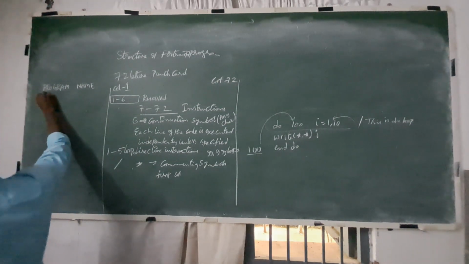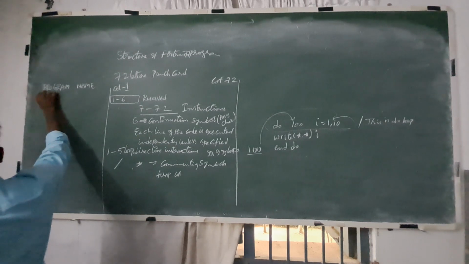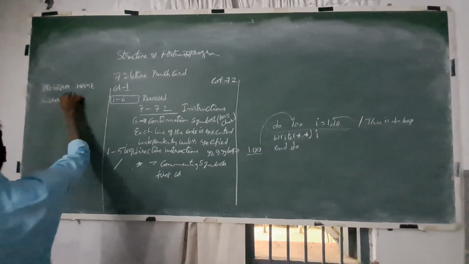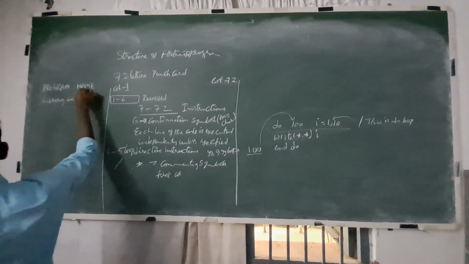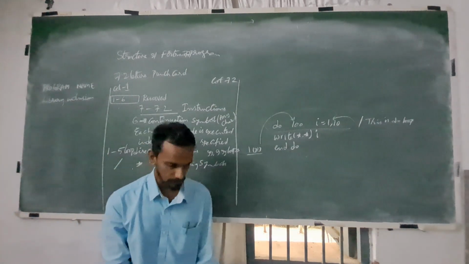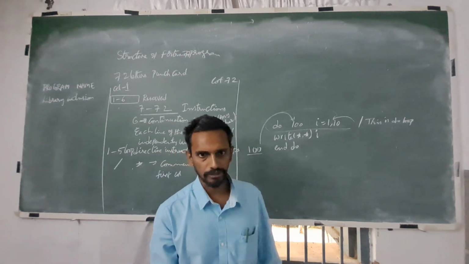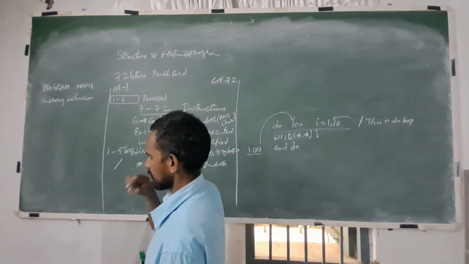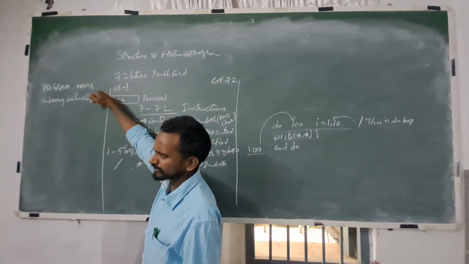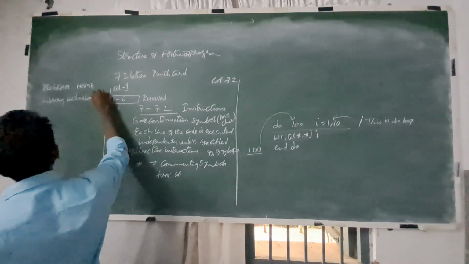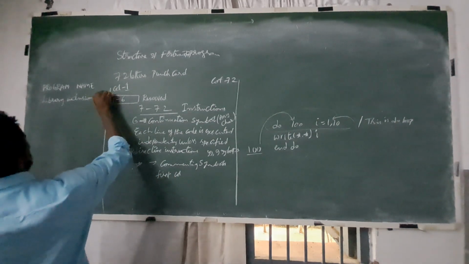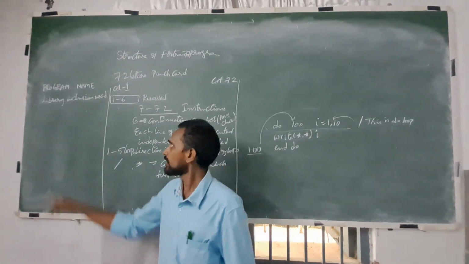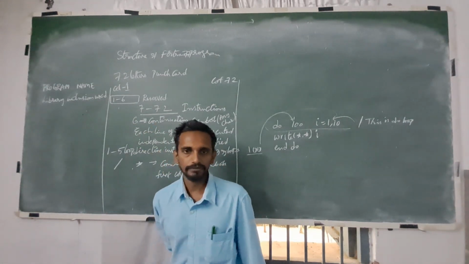And then we'll be defining the libraries that should be included. Like in C language, you will be using hash include stdio.h, math.h kind of header files. Basically, in FORTRAN all are built in. You don't need to specify anything. Only user defined libraries need to be included.